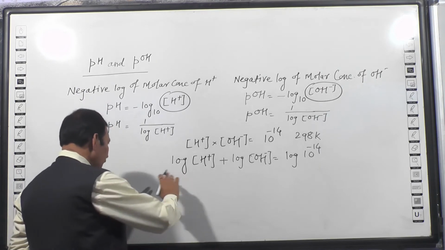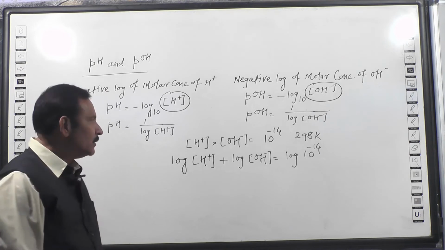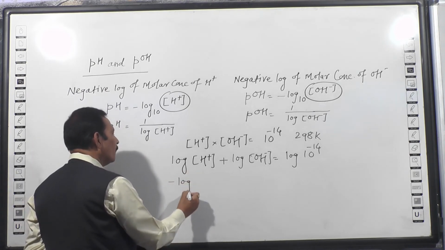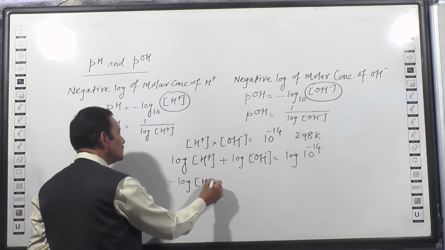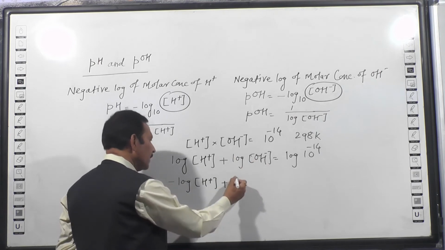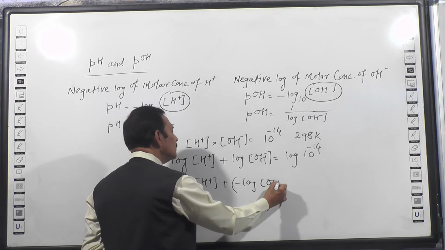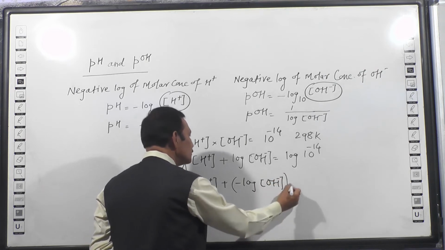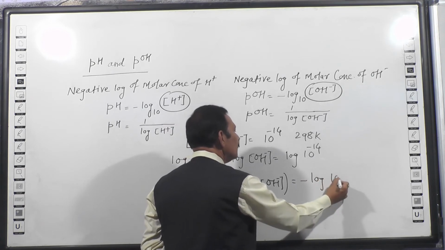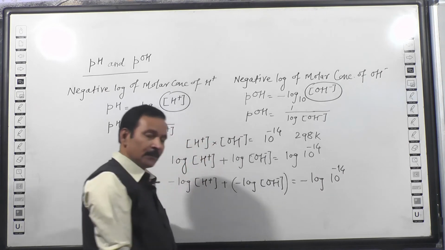Now multiply by minus 1 to all the terms in this equation. It will make no difference. So we'll write minus log of H plus ion concentration, this plus as it is, multiply this term also by minus. So minus log OH minus ion concentration, bracket close, this is equal to minus log 10 to the power minus 14.